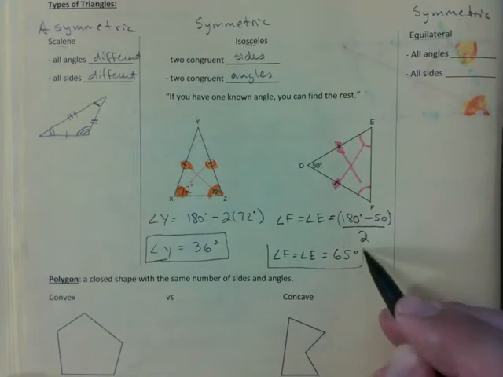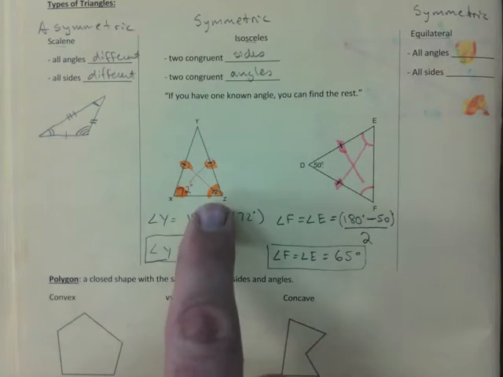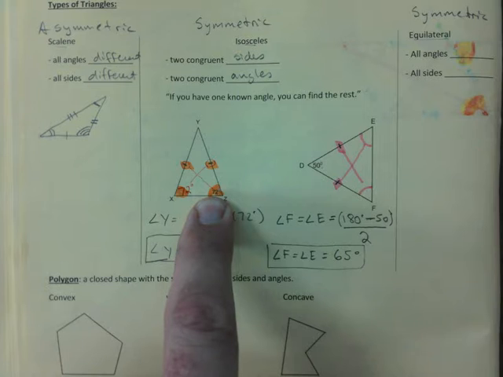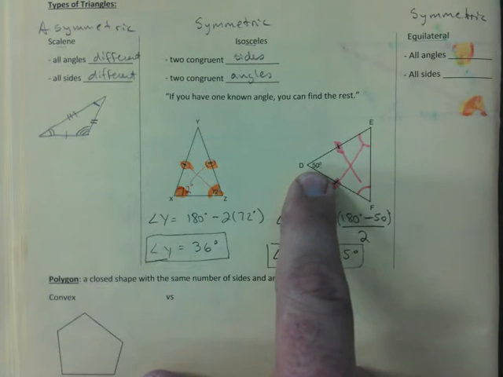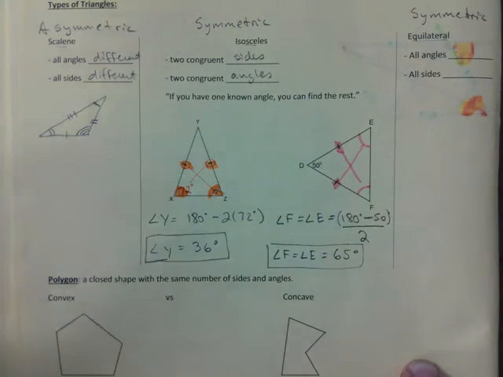So you now know all three angles. Either you know one of the congruent angles, or you know the one that isn't congruent, which allows you to find the other two. Hope that makes sense.